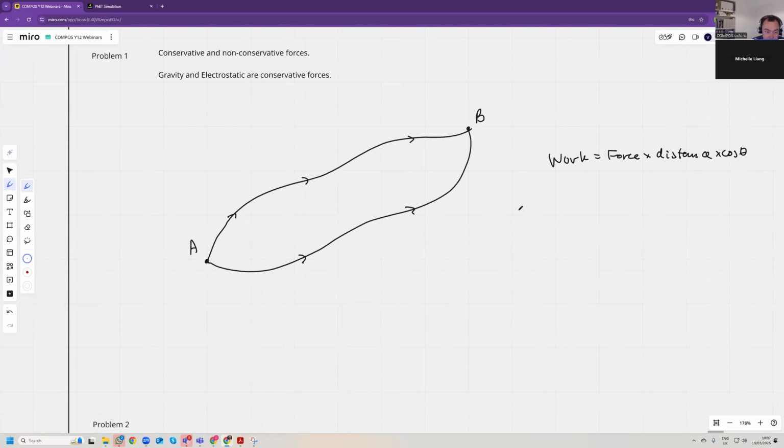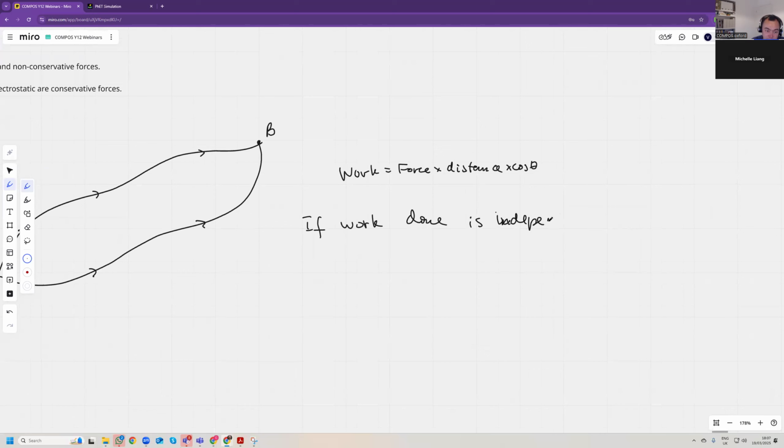So if the work done is independent of the path taken, then the force is conservative.